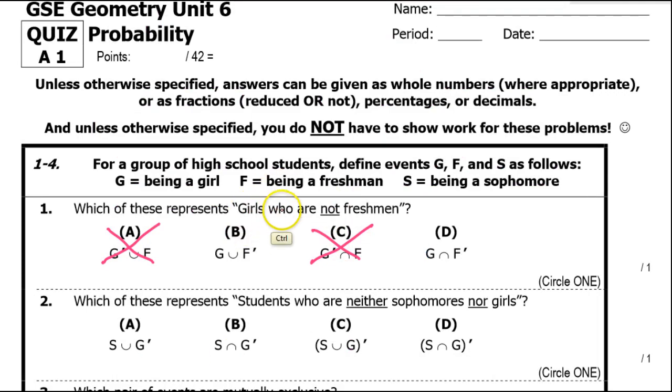When we say girls who are not freshmen, are we saying that, or are we talking about girls and people who are not freshmen? Are these two things happening at the same time, or is it like one or the other? Well, because it says girls who are not freshmen, you're picturing one person, okay? A girl who is not a freshman, that's a girl and not a freshman at the same time.